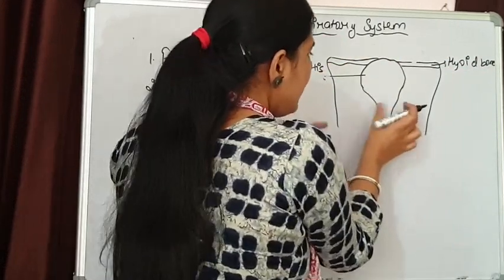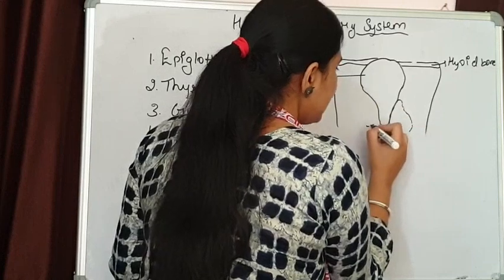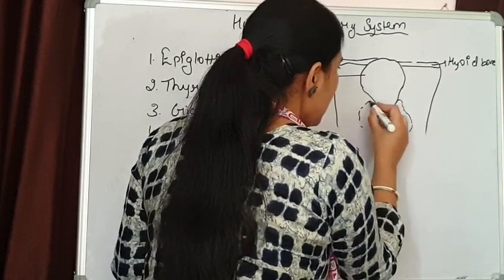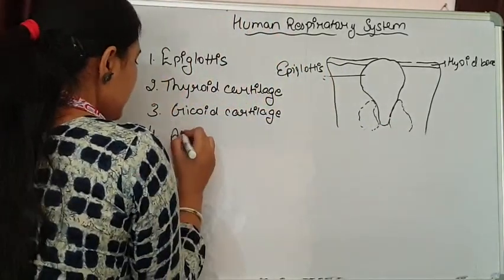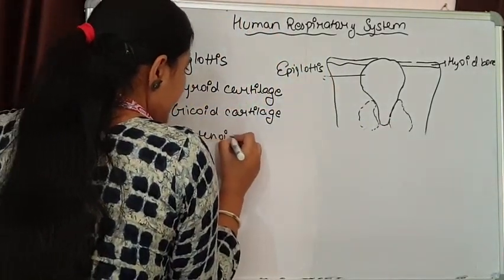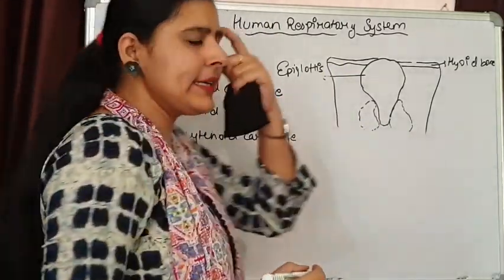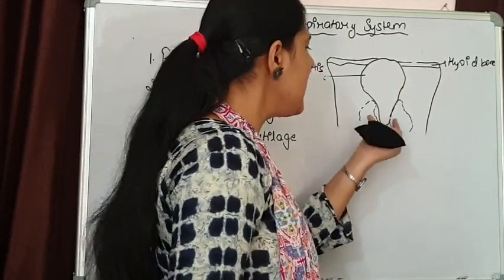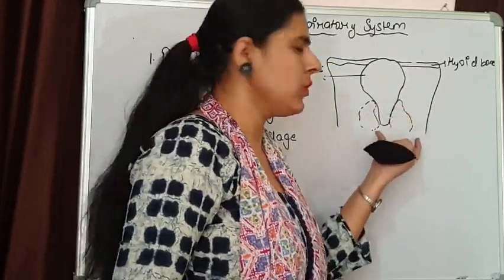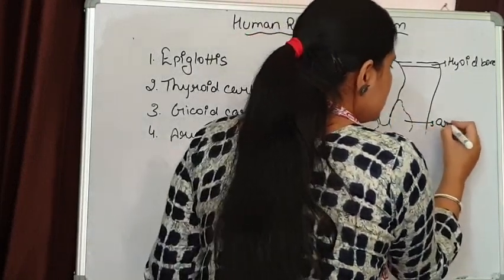and below the epiglottis over here two cartilages are present that are very small in size, and they are known as arytenoid cartilages. So these are arytenoid cartilages. These are a small pair of cartilages that are present in the posterior region of the larynx and at the base of the epiglottis.